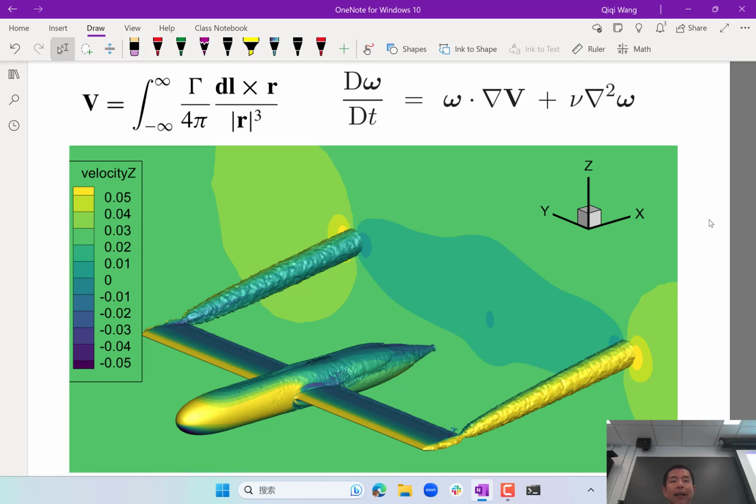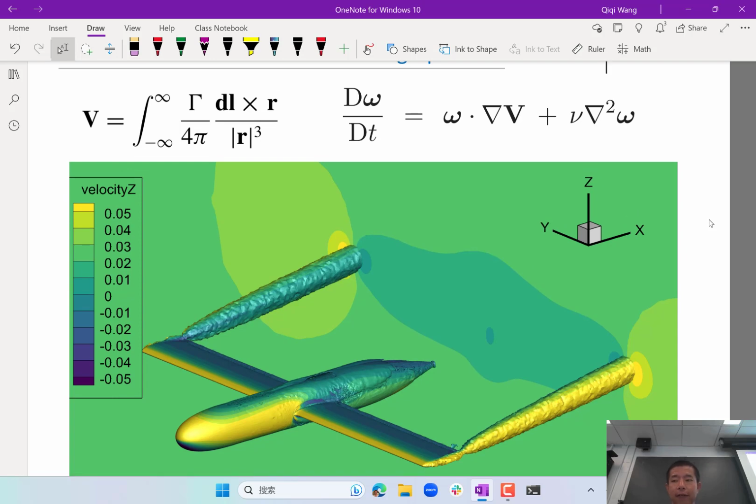If you remember the definition of vorticity, each component is the difference between 2 derivatives, like dvx/dy minus dvy/dx, right? So it's almost one component of the matrix minus its symmetric component. That's the vorticity.